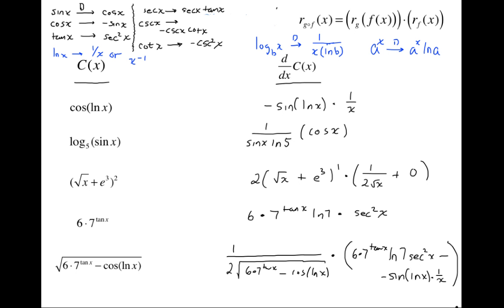Yes, please. For the 6 times 7 tan x. Right. And the first one, why did you put ln of 7 after? Okay, because what is the g function? The g function is a to the x. And what's the rate of change of a to the x? Okay. No, it's the rate of change of g. G of x is 7 to the x.